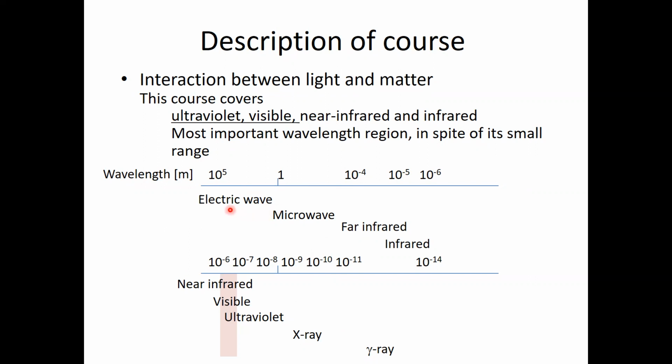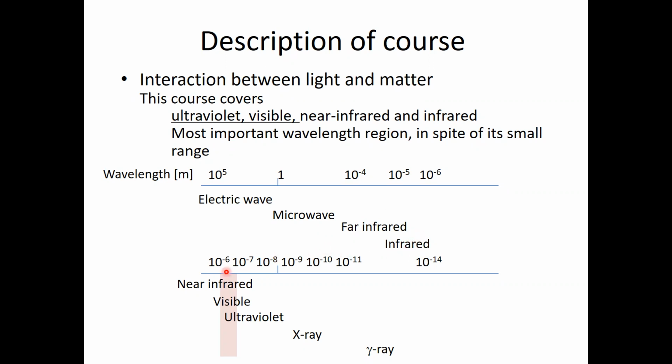For the longer wavelengths we use radio waves, and then microwave, which is frequently used for cooking, and far infrared and infrared light absorption is used for chemical species.